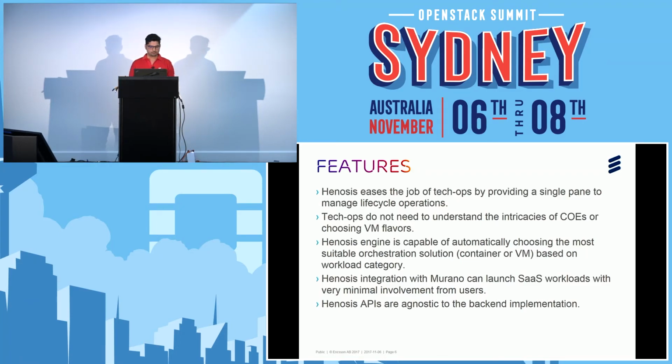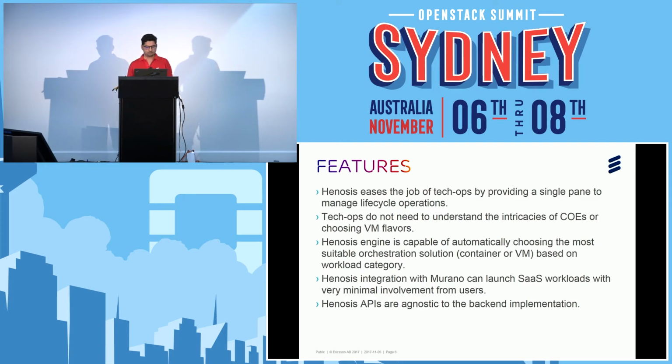Yeah, so some of the features before we wind up. This eases some of the tech ops jobs, like I already told you. He doesn't need to know the intricacies of COEs, whether he's using Docker Swarm or Kubernetes or the Nova scheduler or whatever it is. It is taken care of by the Henosis engine.